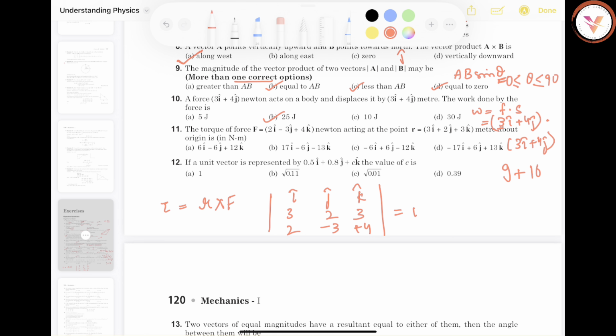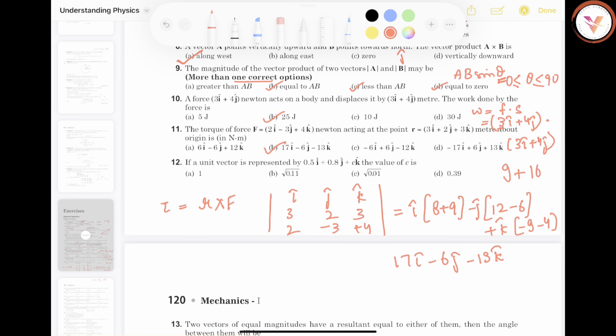So if you put i cap, it's 2 4s are 8 and minus 9, then it becomes plus 9. Then minus j, 3 4s are 12, minus 3 2s are 6, then plus k, minus 9 minus 4. Then it gives you 17 i cap plus 6, and this minus gives you minus j cap, and it's minus 13 k cap. So the correct one is B. Okay.